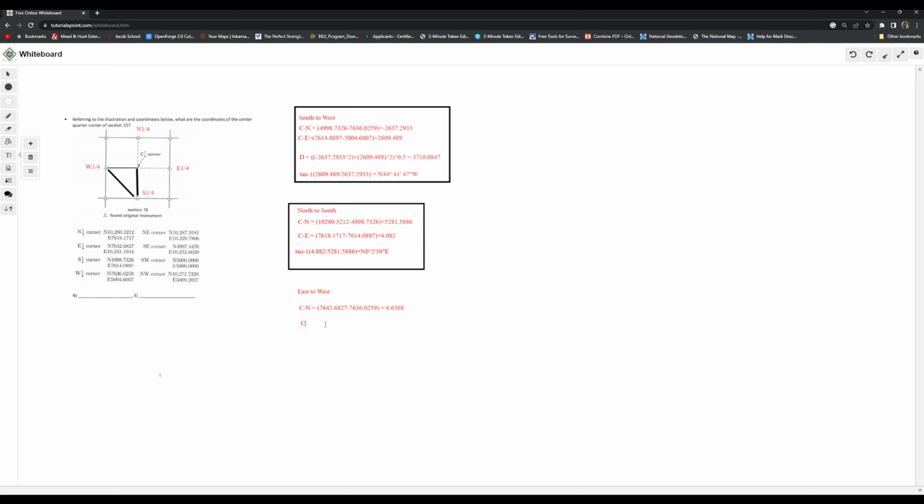So now change in easting. We're going to get 10,241.1944 minus 5,004.6007.